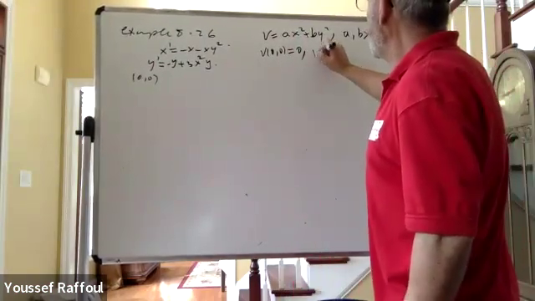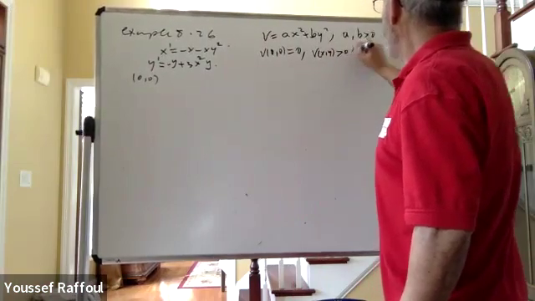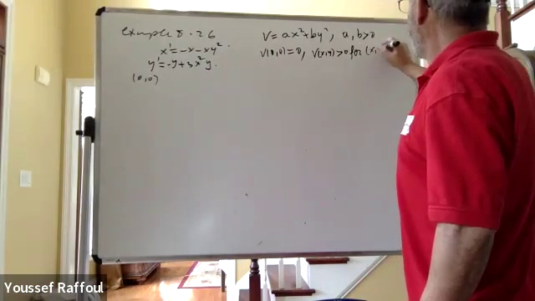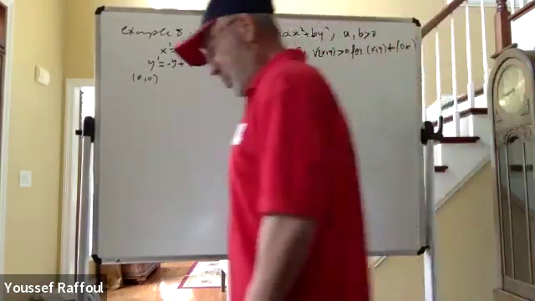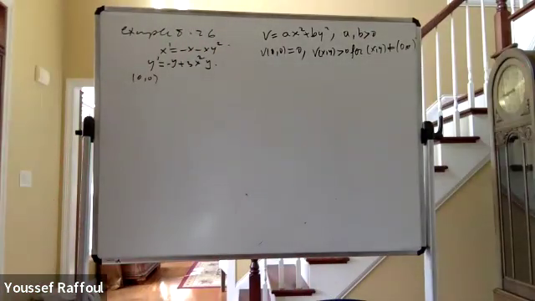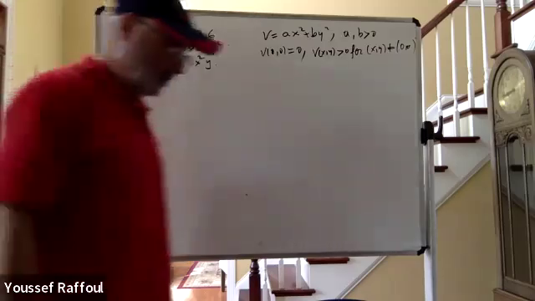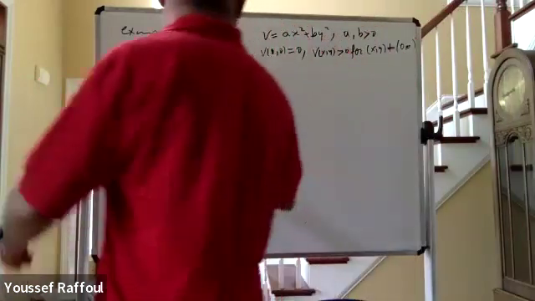And V(x,y) is positive for (x,y) different from (0,0).